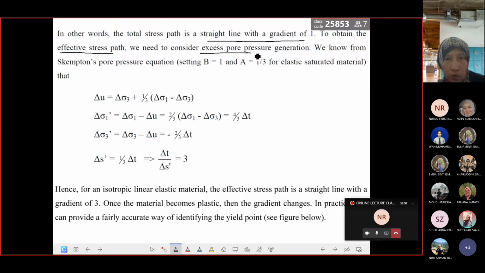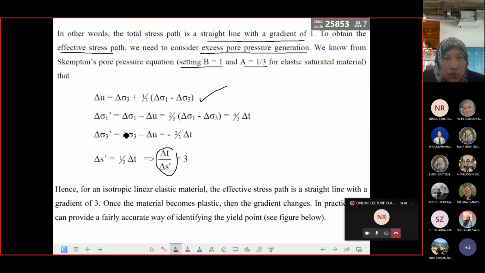Consider the excess pore water pressure generation. It is informed that B equals 1, A is 1/3. So how do you get the delta T over delta S? This one is also the same. You obtain the original equations of the pore water pressure and the delta pore water pressure, then you substitute back in this formula, because we want to get the function of delta T and delta S. When you rearrange, the final one, the angle of the failure line for the stress path is equal to 3.